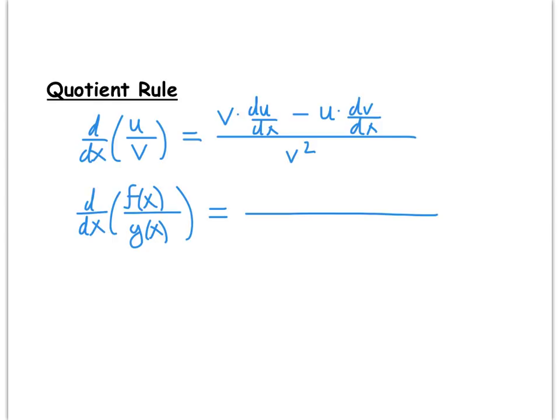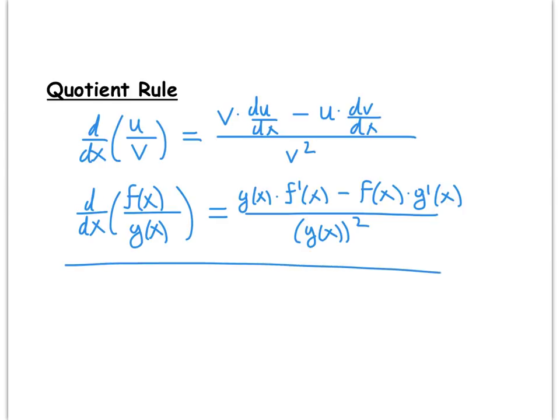So again, it's denominator multiplied by the derivative of the numerator, so that'd be g of x times f prime of x in this case, minus the numerator f of x times the derivative of the denominator, which would be g prime of x here, all divided by the denominator squared, which would be g of x quantity squared. So there are some similarities, again, to the product rule in that it's one function multiplied by the other one's derivative, only we've got subtraction this time, and there is some division by that original denominator squared.